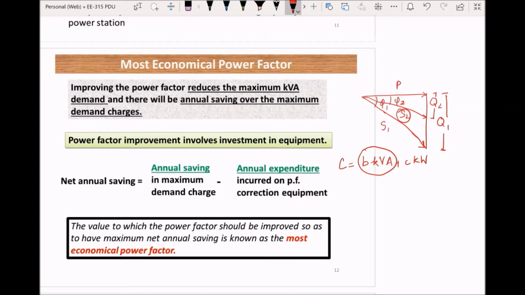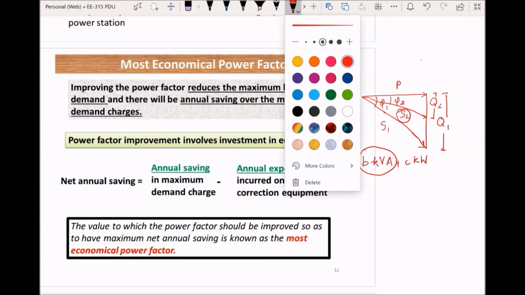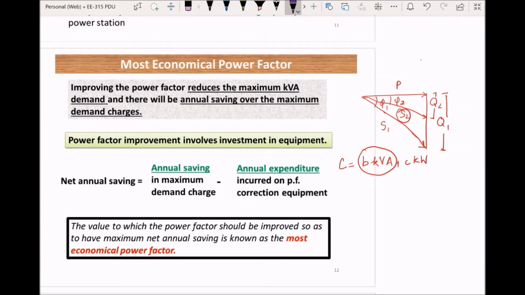But if we want to bring down the apparent power from S1 to S2, obviously there's some extra equipment required, which will increase the initial investment, in the form of annual interest, and it will also increase the depreciation charges as well.